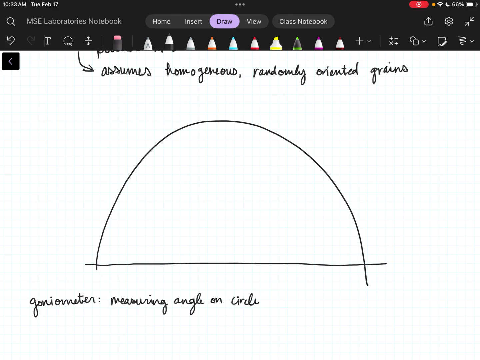And a goniometer helps us know where on that circle we are positioned, so measuring the angle along this circle. And you can think of it like a clock, where I've got the center of the clock, and there are arms that stick out from either side of the center. And those arms hold things at the ends of them.